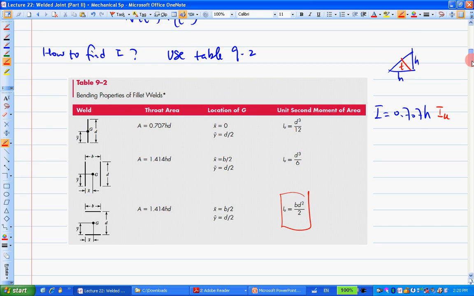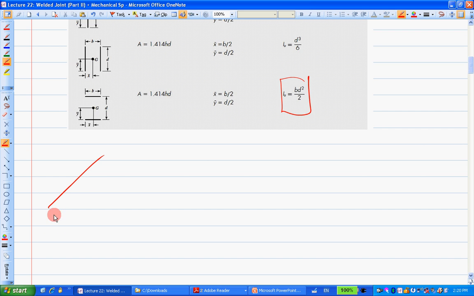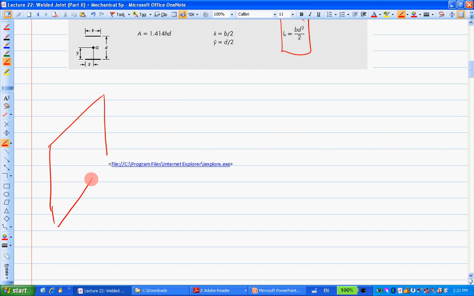Say for example, if I have this one here, what does that mean? I'll draw you a 3D case. Let's say this is a base member here.